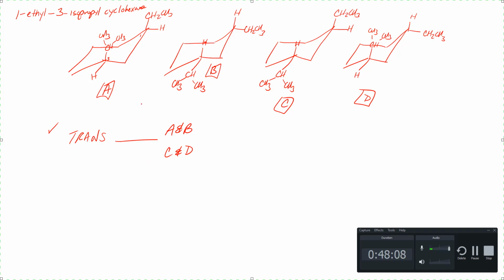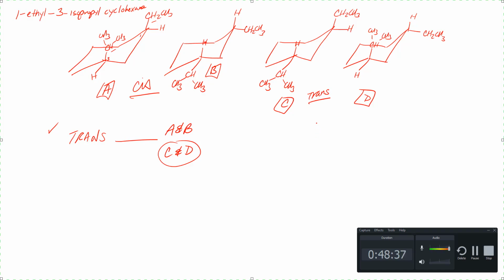Well, for trans, both of the positions have to be one above, one below. If I look at A here, the isopropyl group is, say it with me, above. The ethyl group is above. So actually A and B are cis, which leaves C and D as being the trans.